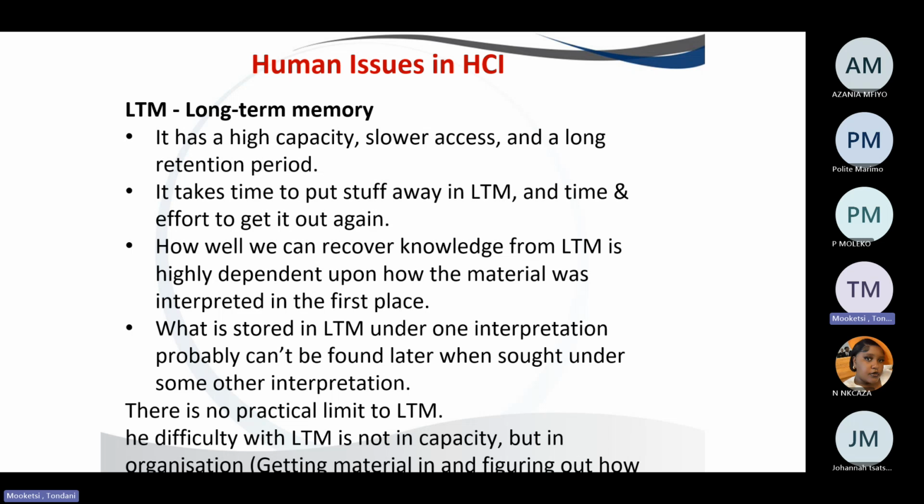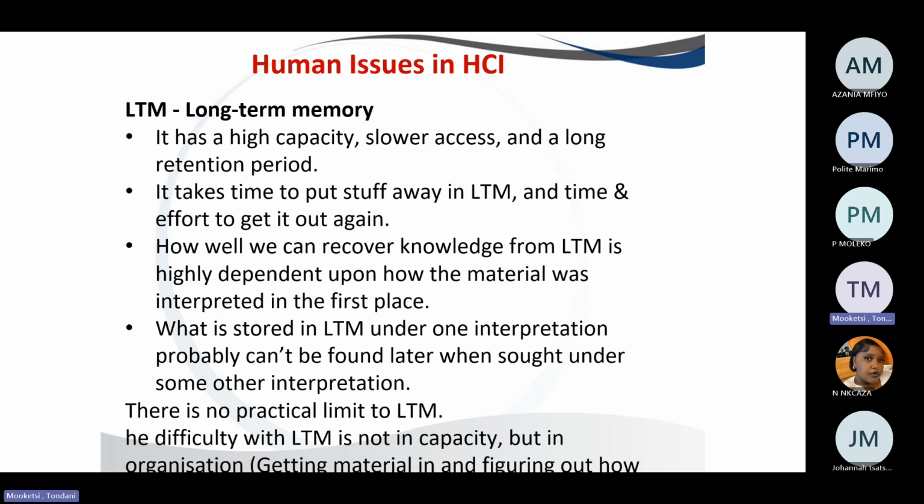So when the material does not make sense, it has to be worked on, it has to be structured and interpreted until it can be retained. I hope that makes sense. So you need to understand the differences between short-term memory and long-term memory as a way that human beings process information, because cognition is an important factor when we talk about human issues in HCI.